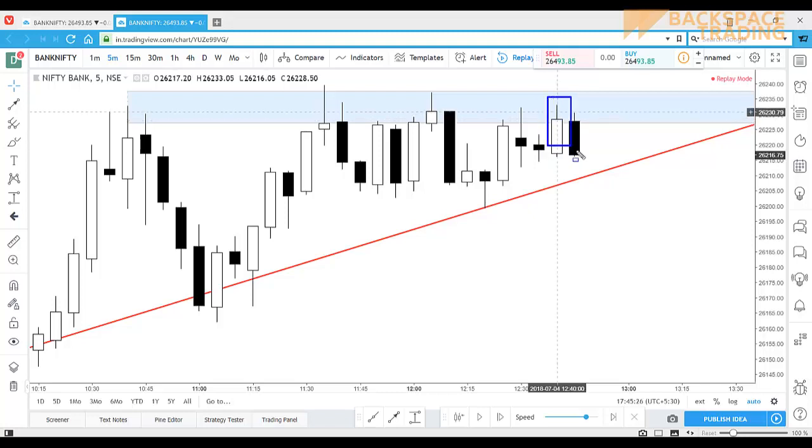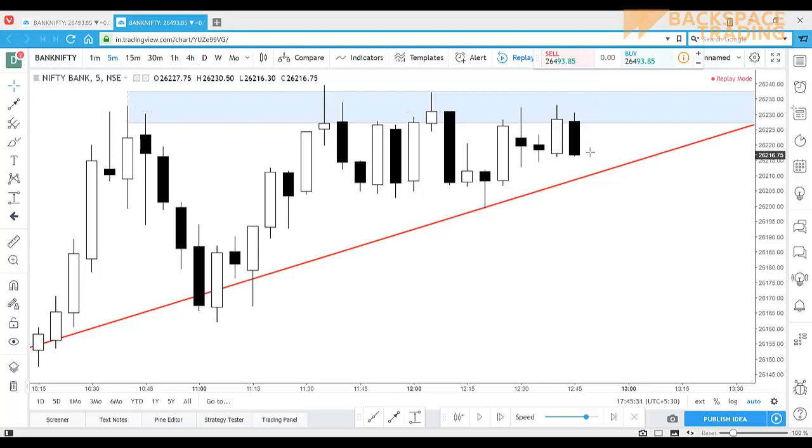Now consider these two together. This candle is closing here, it is not closed below the low, so it is inside this big candle, and we can call this a range candle because it is closing between the high and low.